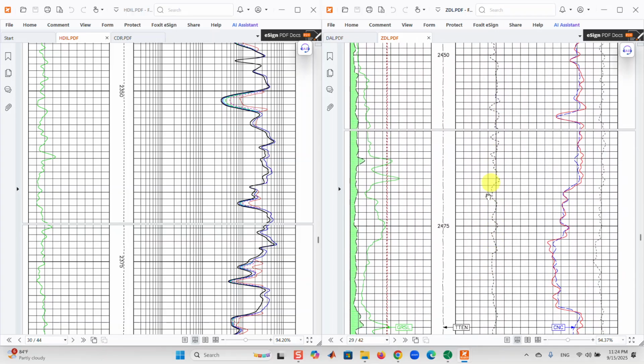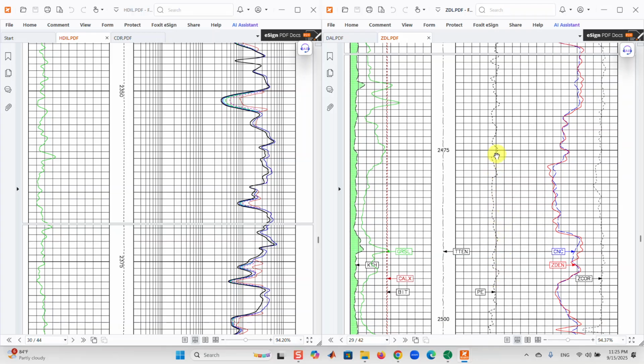We used oil-based mud in a limey reservoir with reasonable porosity, about 9%.